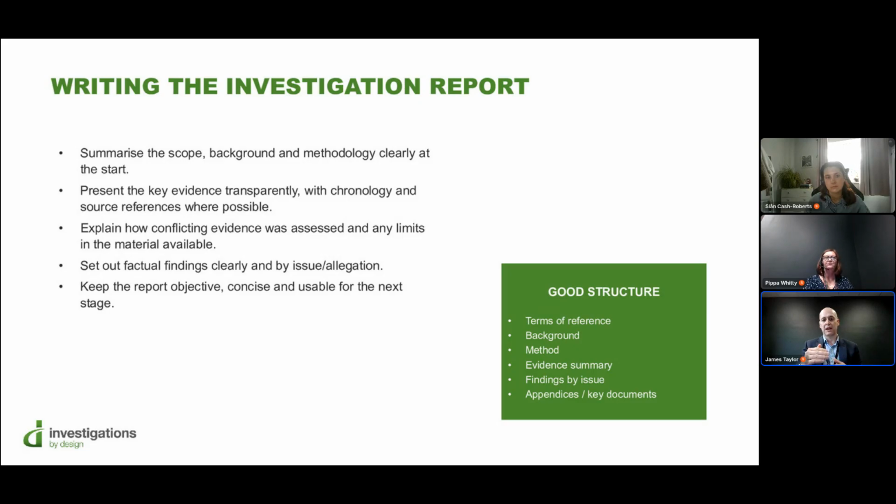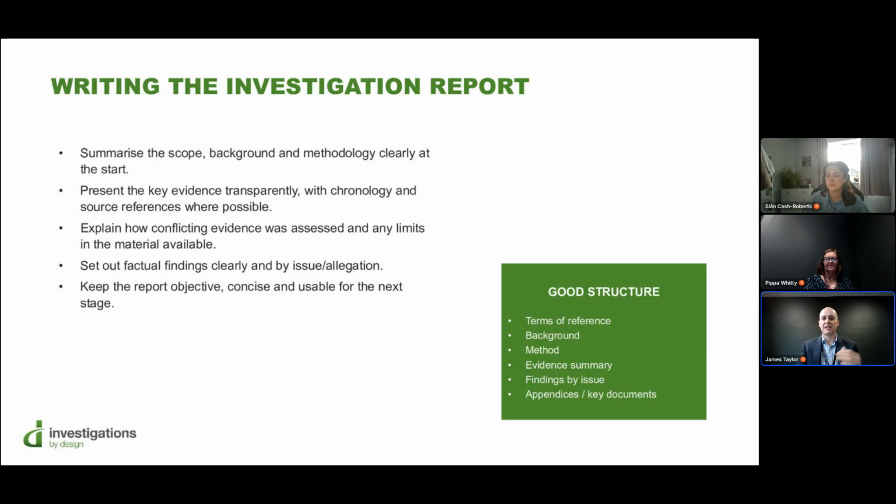I think a good format would include a commentary about the terms of reference at the start, background, methodology, the evidence summary, and then findings by issue. And then on the back of the report, you put appendices or key documents. So this gives the report a logical framework and helps ensure that nothing important is missed.